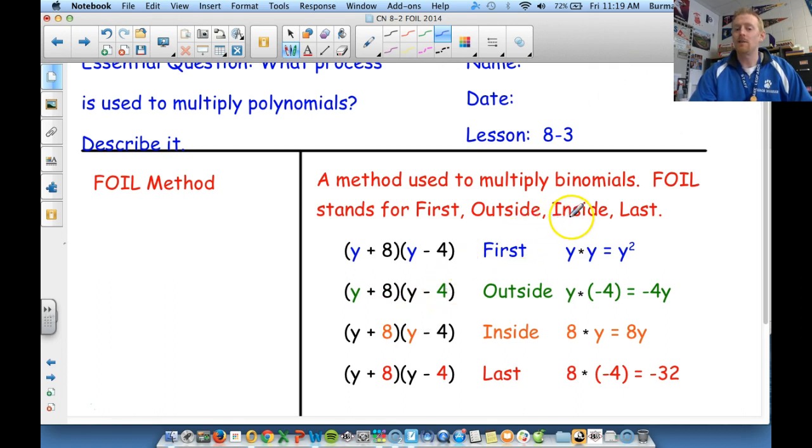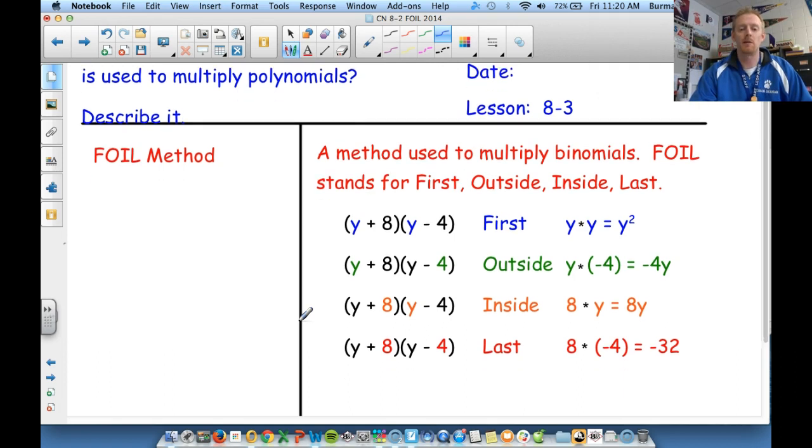And the I stands for inside, which would be the two inside ones, the 8 and the 4. And L stands for lasts, the two last of our binomials, so the 8 and the -4. When you're all done, you have these four answers, and your job is then to combine like terms and simplify that process. So again, FOIL: firsts, outers, inners, lasts. That's the easiest way to remember FOIL.